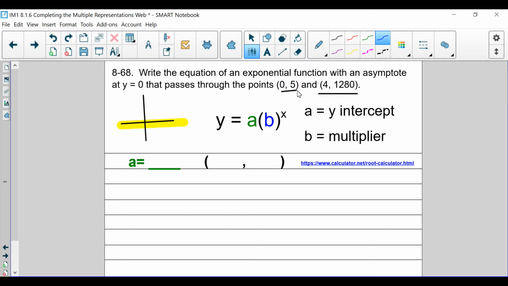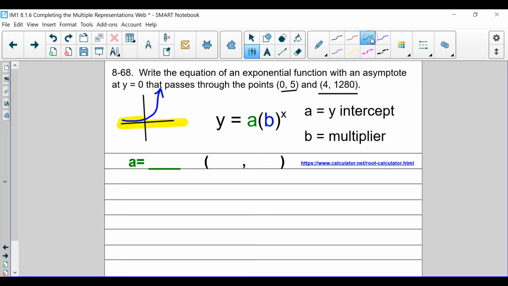This is an increasing exponential function because it goes from 0.5 to 4, 1,280. It's going up and it stays there. So we're going to draw a curve that looks like this. Notice how it does not cross y equals 0, and that's what asymptote means. It will approach it, but never cross it.